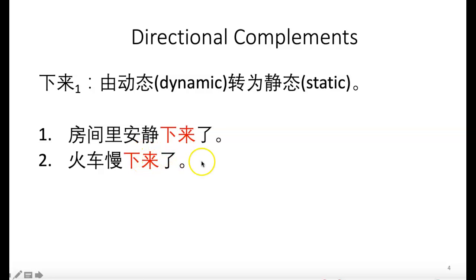Maybe in the end, it stopped altogether. So we can see we use 下来 to indicate a status of something or someone changed from a rather dynamic status to a relatively more static status.